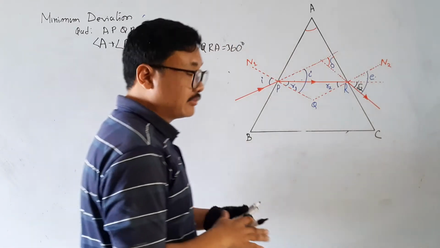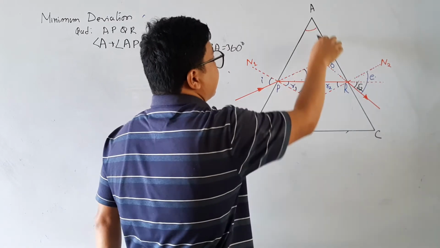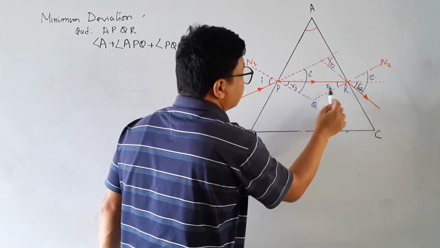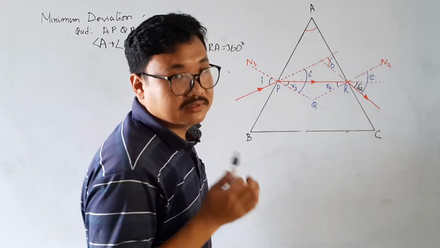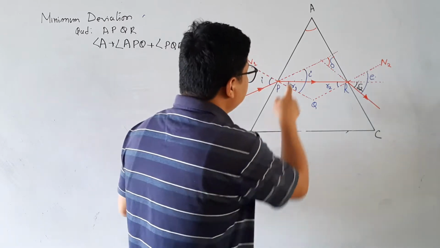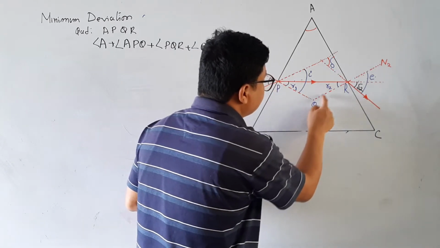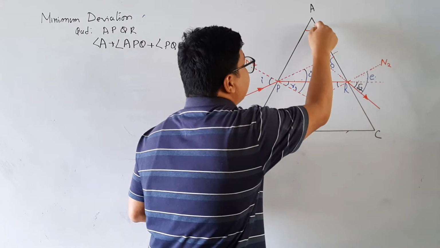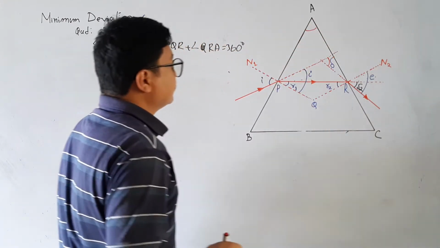That is the angle sum property of a quadrilateral. Please see it very carefully.